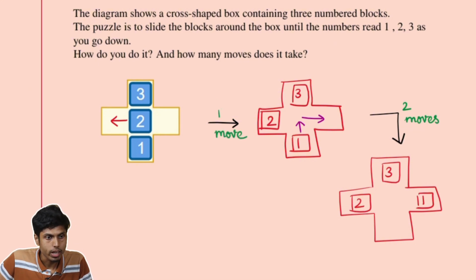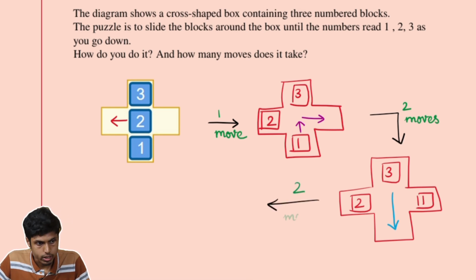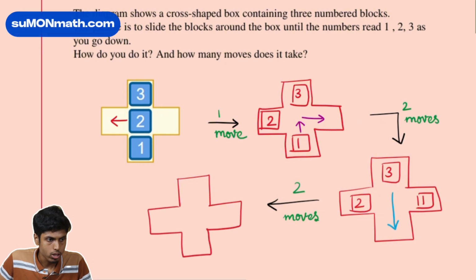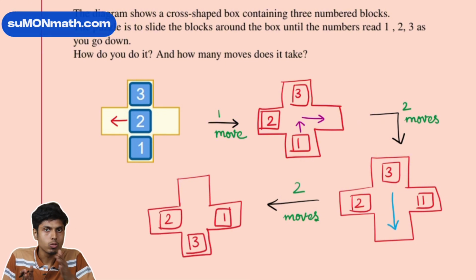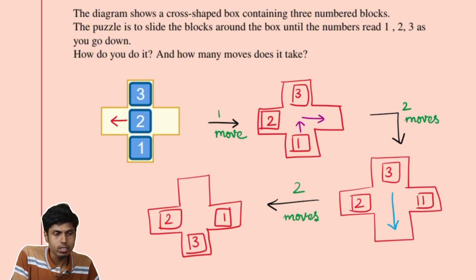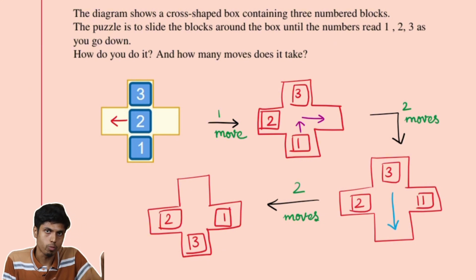Alright, time to take 3 to the bottom. After shifting, we get 2 moves to perform it, because 3 to the middle and then to the bottom. Therefore, I have 3 at the bottom now, 2 and 1. Now my goal is to shift 1 to the top and then 2 in the middle. In order to perform that, 1 should be placed in its left and then move to its top.